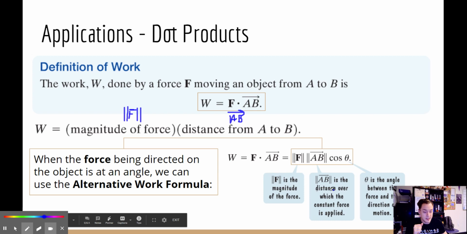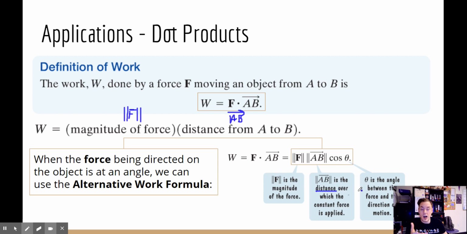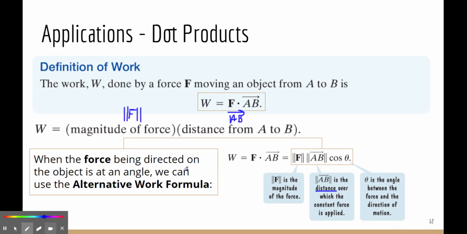My B is the distance, that doesn't change, the distance over which the constant force is applied. And then right here, I'm going to move my little face so you can see it. Wow. So the theta is the angle between the force and the direction of the motion. So this theta is the angle between the force and direction of the motion.